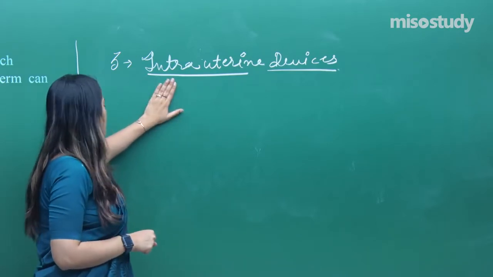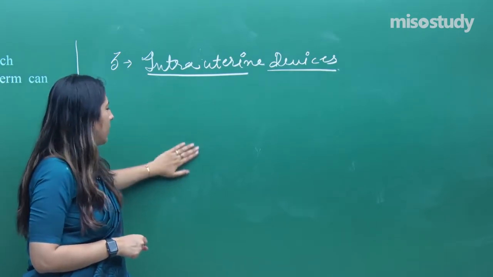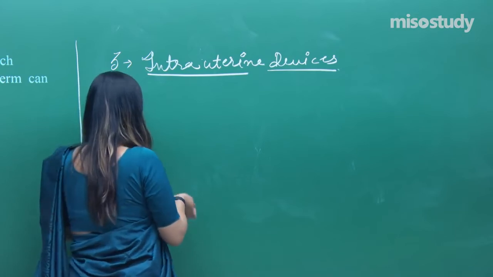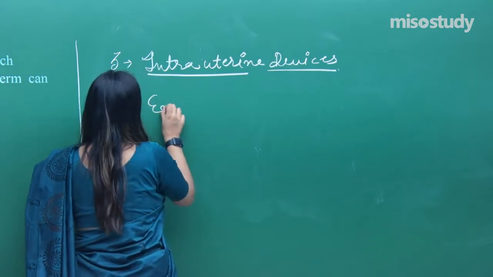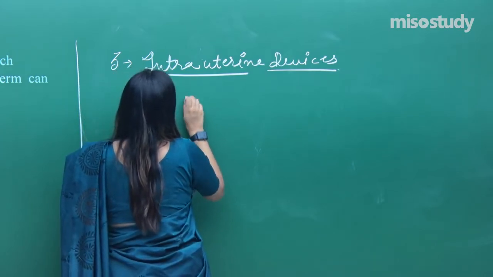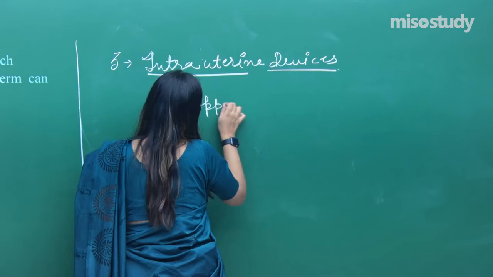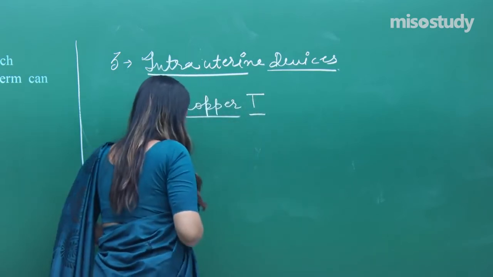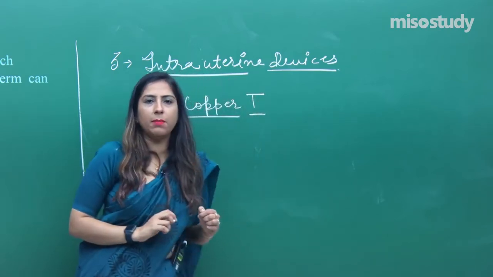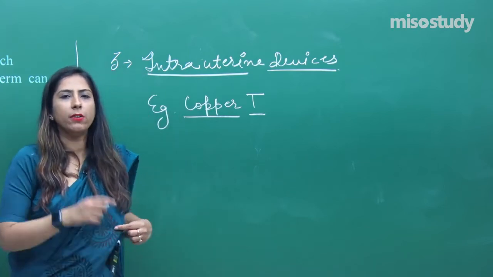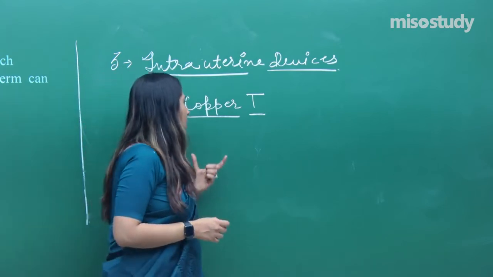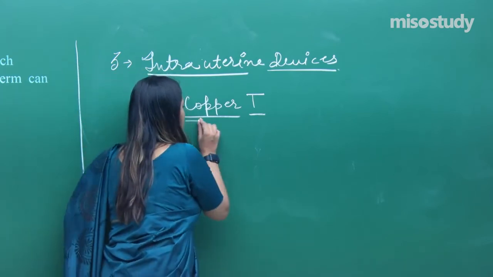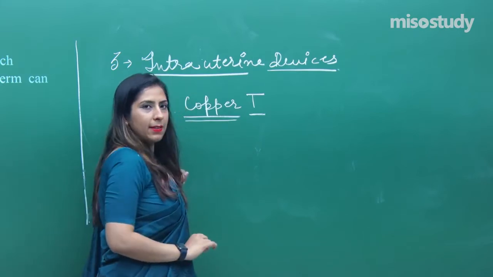So we have one device, the intrauterine device, and one example of intrauterine devices is the copper T. Right? Copper T is also available in the form of multi-load 375, and copper T, as the name indicates, copper is a metal, right?